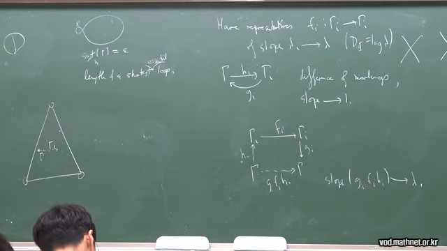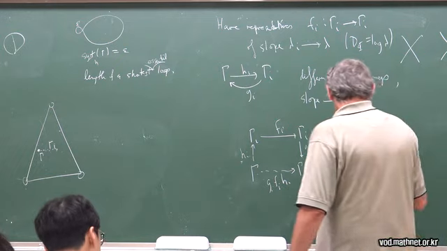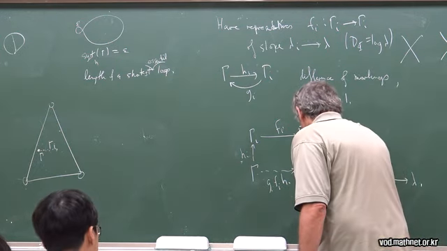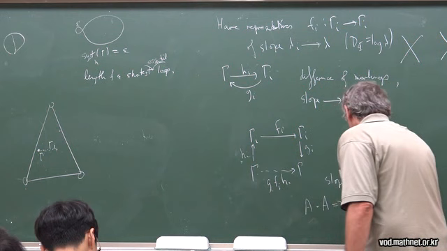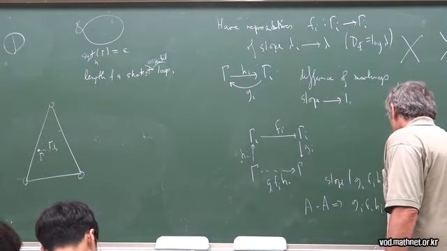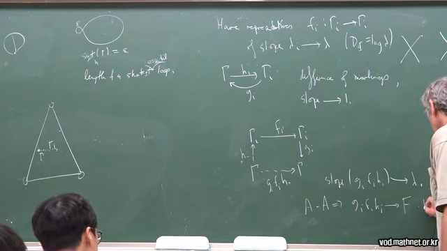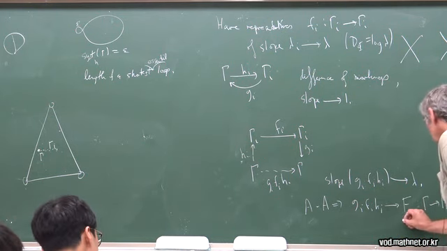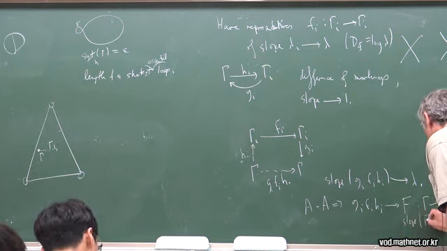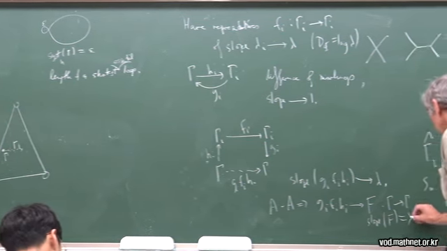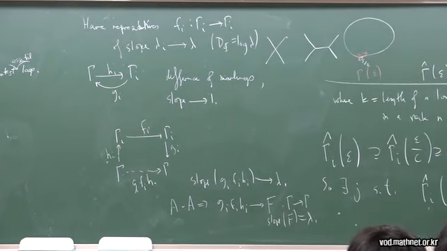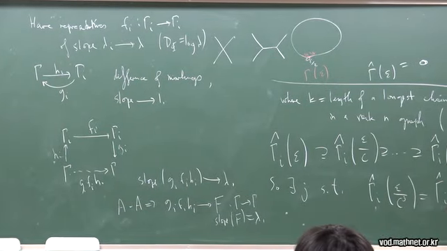Okay, now I can say Arzelà-Ascoli, and these things will converge to some map, say capital F, from gamma to gamma, and the slope of F is equal to lambda. In the limit, you get slope lambda. Now you have to put markings back in the picture.